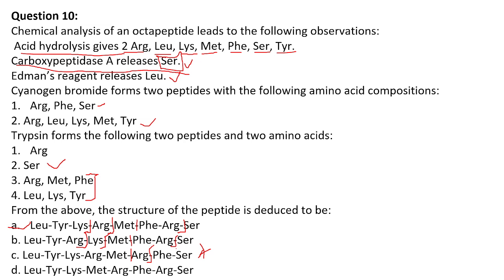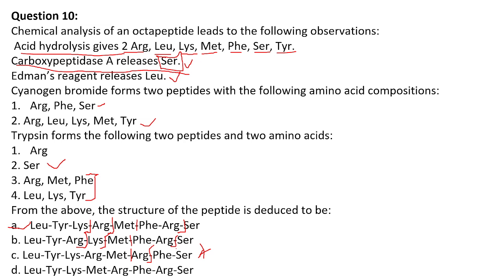Did anyone not understand the question? So this is all analysis of a peptide sequence. If you have a peptide and you don't know the sequence, you want to sequence it using chemical methods.